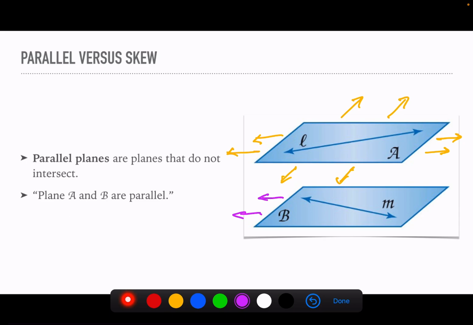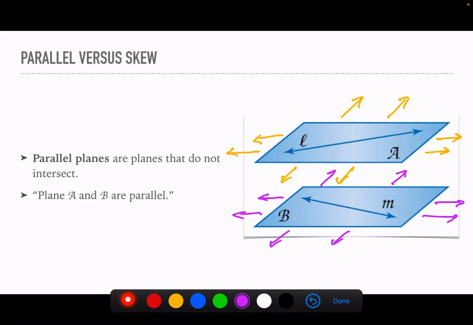Plane B would go off infinitely in this direction, but they're just going to be parallel to each other. Something like parallel universes. We might have a universe that is very similar to ours, but has some slight tweaks to it. But again, they'll never coexist with each other.